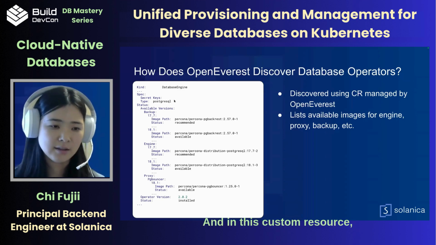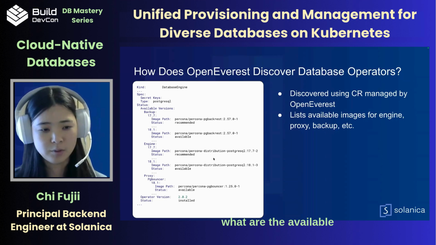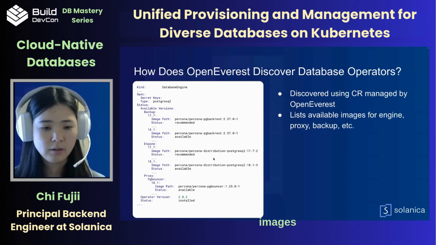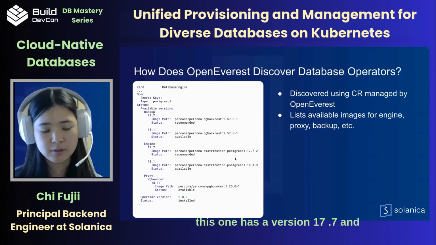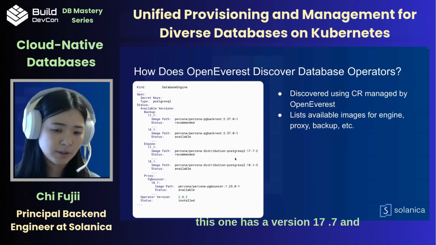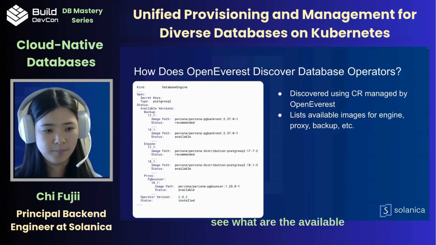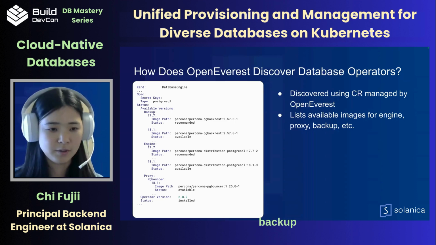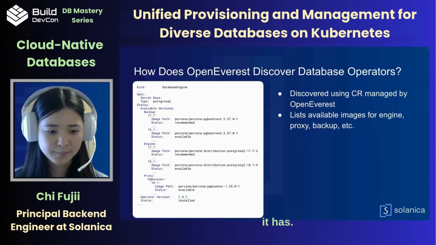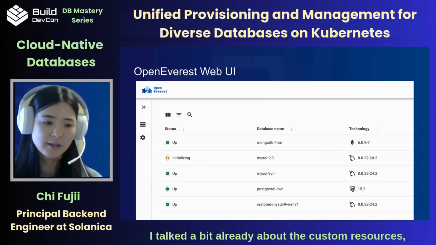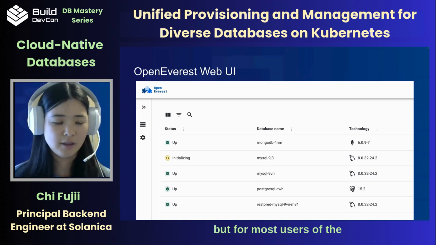In this custom resource, we define what the available images for Postgres are, for example, this one has version 17.7 and 18.1. And you can also see what the available backups are.